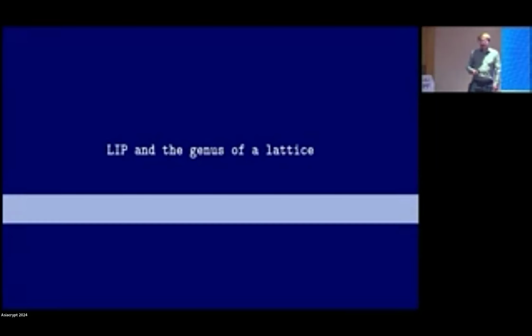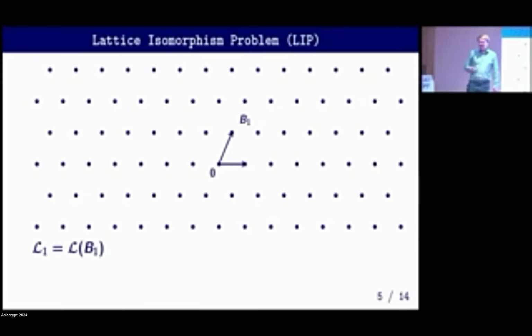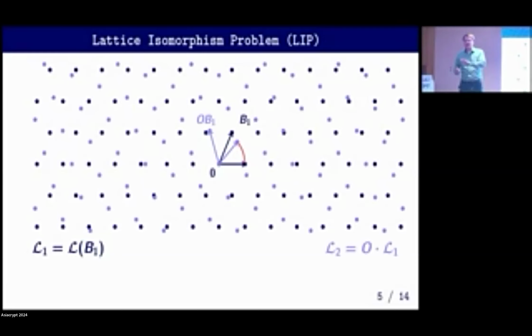Now let us quickly discuss the lattice isomorphism problem and the genus of a lattice. And then we will try to repeat this argument from before. The lattice isomorphism problem is that, given some basis of a lattice, we also look at an orthonormal transformation of this basis. You can for now just think of some kind of rotation. And we look at the lattice spanned by this, which is just an orthonormal transformation of the other lattice.